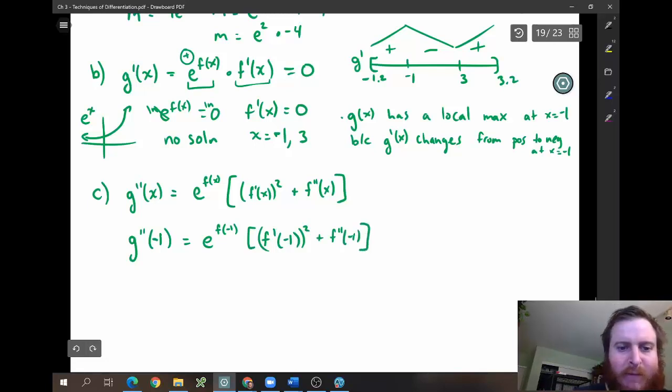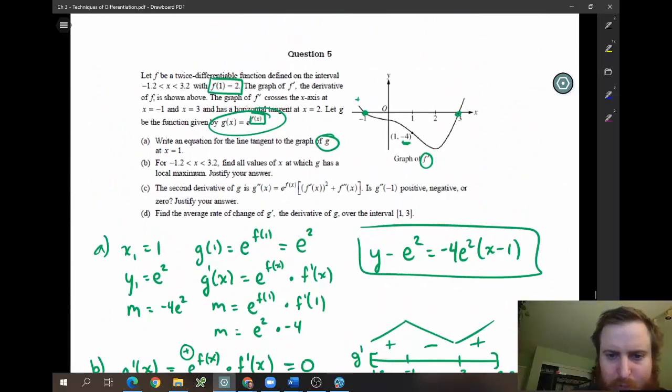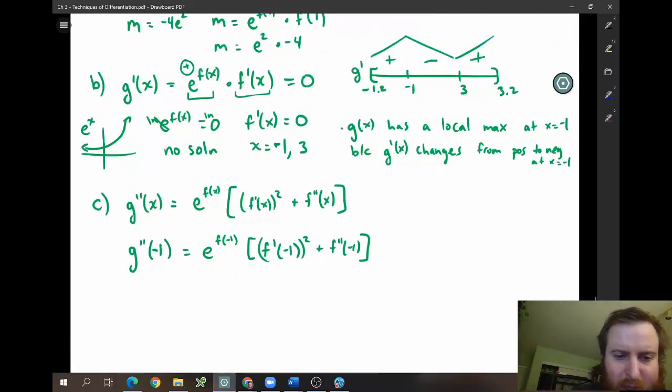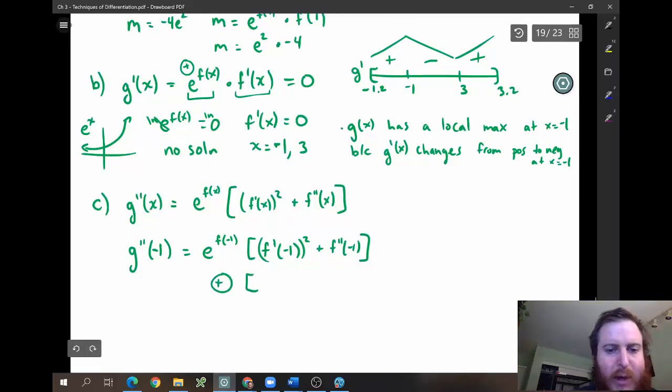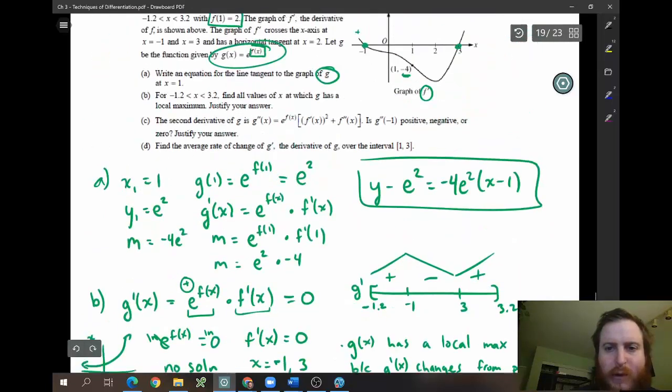For e to the f of -1, this is a little bit tricky because it is at -1. But we do know that it has to be positive, even though we don't know the value. Like here we knew f of 1 was 2, so we don't know it's like 2. But what we know is that e to anything, that whole thing is going to be a positive number. Then times, now for f prime of -1, we do know f prime of -1.